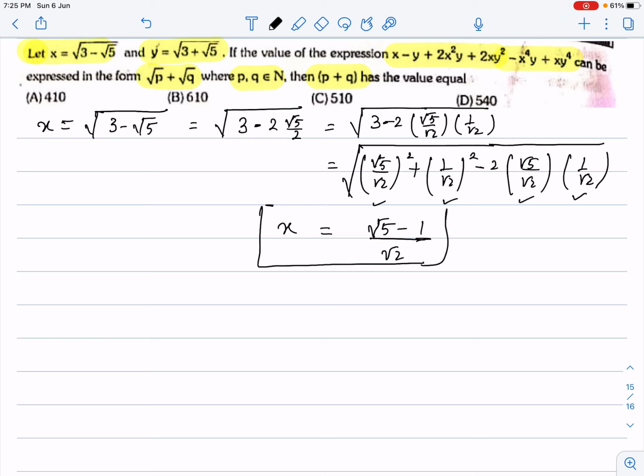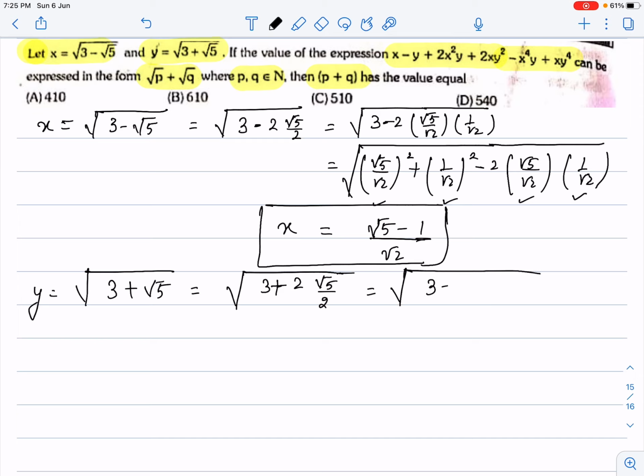Now let's get the value of y. I can get the value of y again by computing the whole square inside the square root. That is 3 plus root 5 we are knowing. So we can write it like root over 3 plus 2 multiplied by root 5 by 2. And again root 5 by 2 can be written as root over 3 plus 2 multiplied by root 5 by root 2 into 1 by root 2.